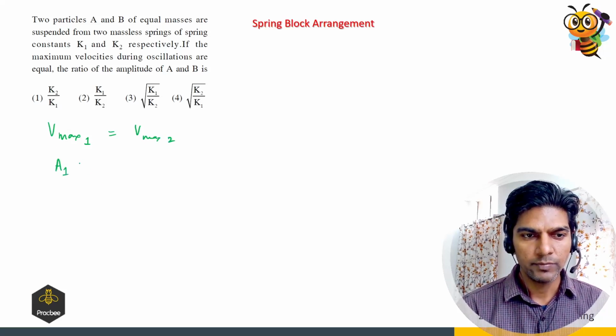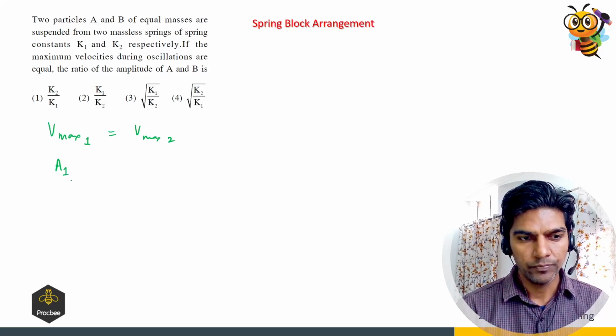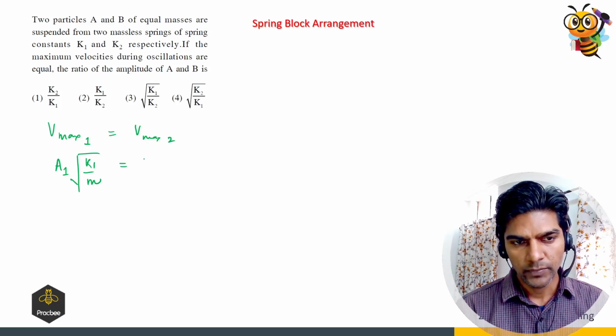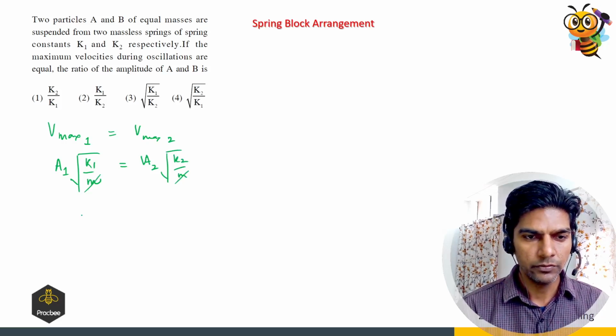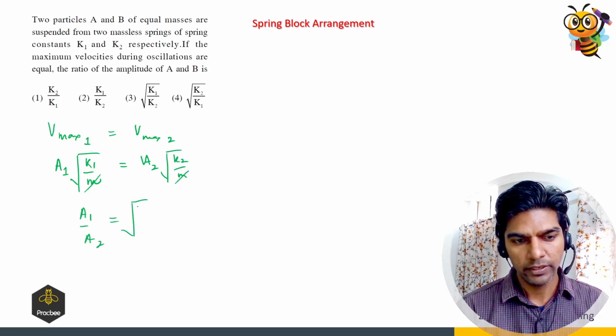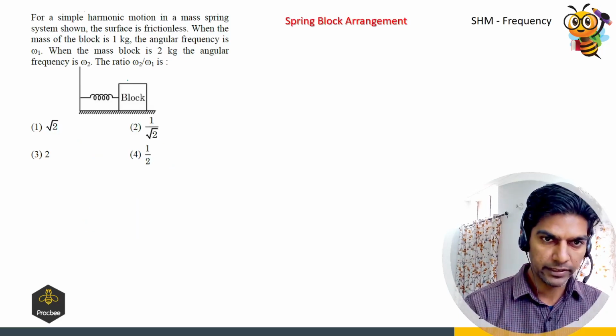So A1 times omega, and omega is root of K by M, root of K1 by M, and masses are the same, right? And V2 will be A2 times root of K2 by M. So M will get cancelled out. So A1 by A2 will be root of K2 by K1. Option 4 is the right answer.